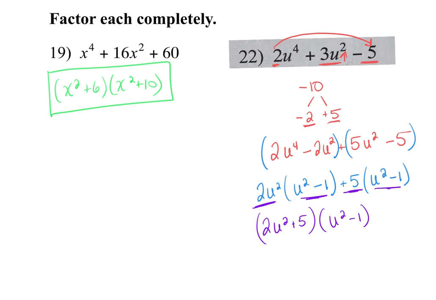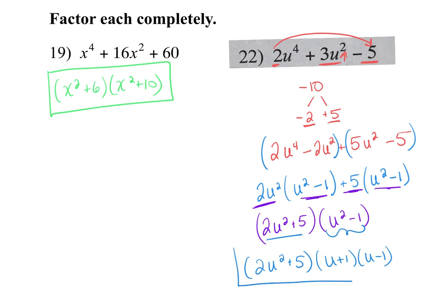And so the 2u squared plus 5, well, we can't do anything with that. But this one we can break up into u plus 1, u minus 1, all right? Because it's perfect squares. And so this one you can go a little bit further than we did with this one right here. So you are constantly looking for perfect squares.